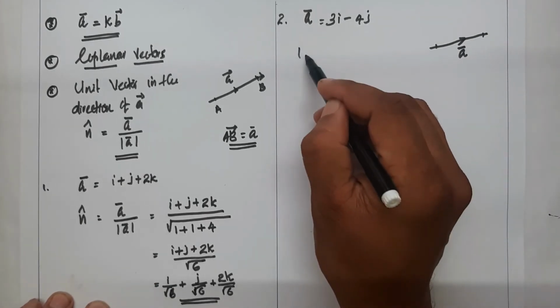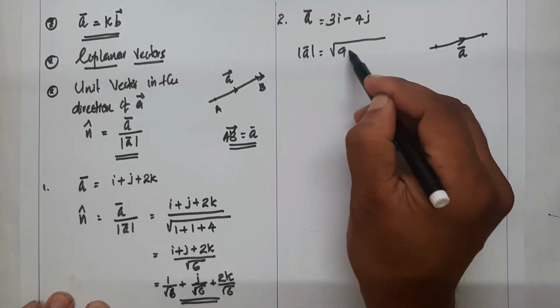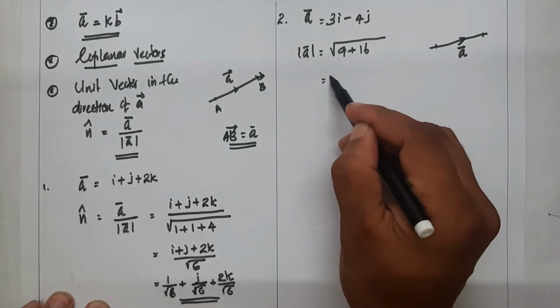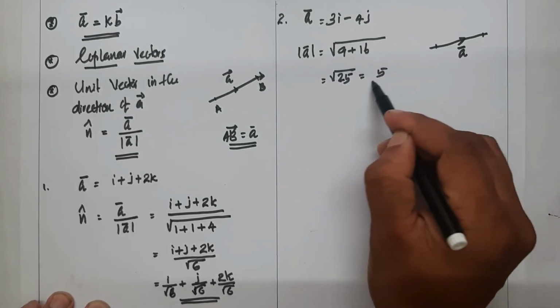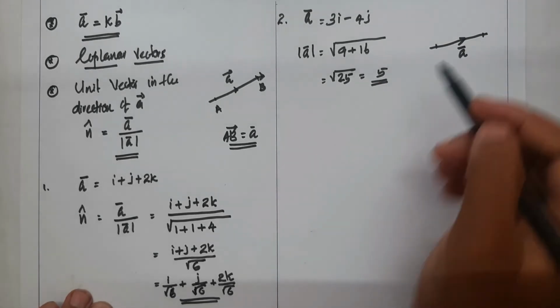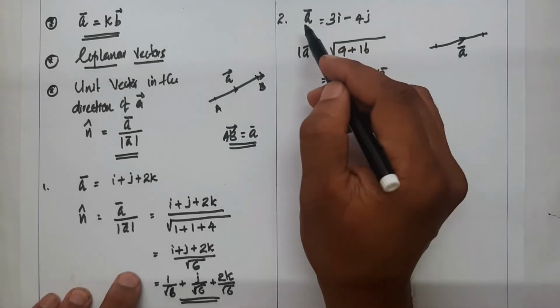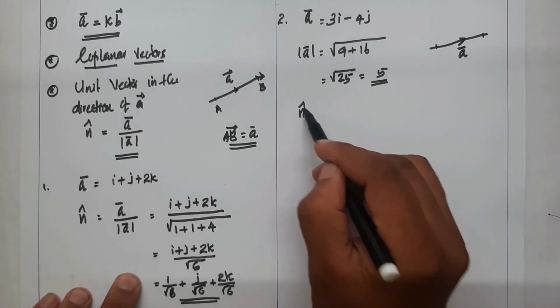First of all, you find the magnitude of this vector. Mod A is equal to square root of 3 square plus minus 4 square, that is 16, equal to square root of 25, we get the answer 5. This magnitude is 5. നമുക്ക് ഫോം ചെയ്യേണ്ടത് 9 മാഗ്നിറ്റ്യൂഡ് ഉള്ള വെക്ടറാണ്. So first of all, we find the unit vector in the direction of this vector A. That is n cap.